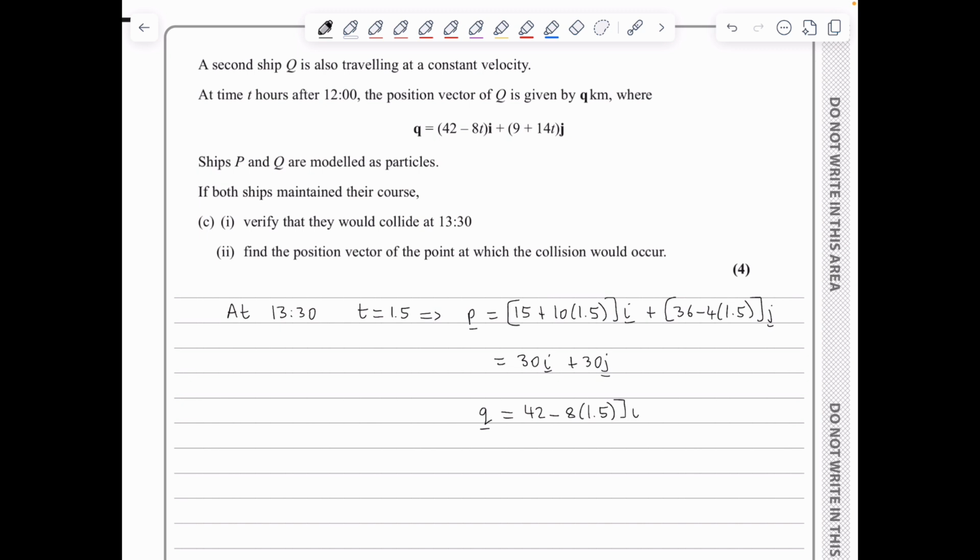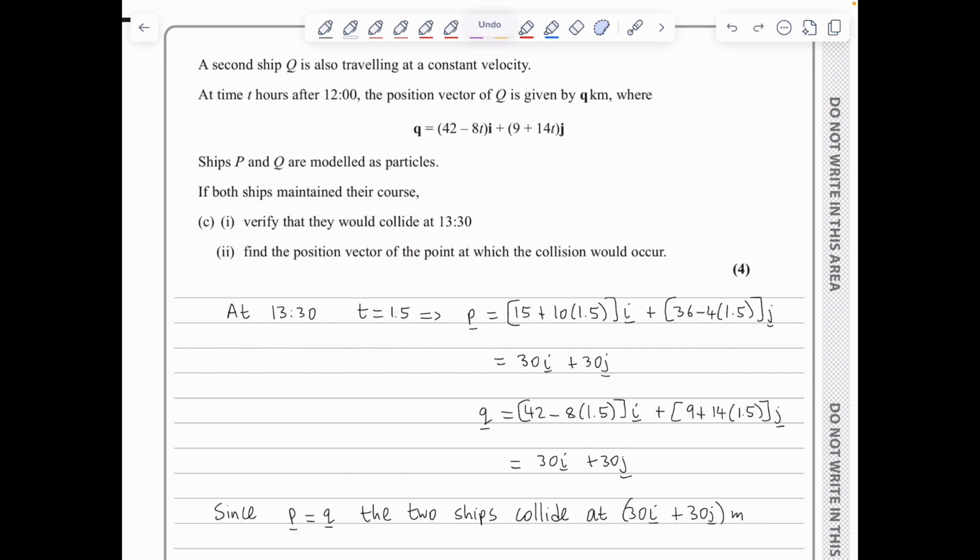That's the i component. And for the j component, we're looking at 9 plus 14 times 1.5. So as expected, this is giving me 30i plus 30j, which means I can safely conclude that since P is equal to Q, the two ships will collide at the point 30i plus 30j.